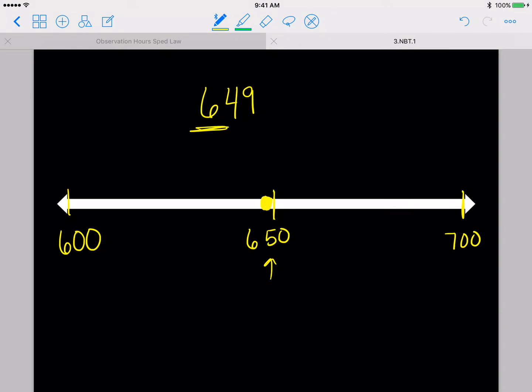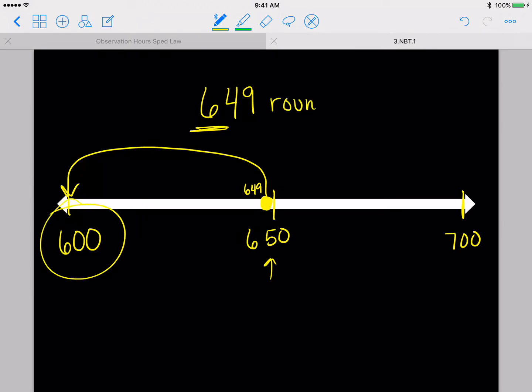We're really close to 650, but we're not there. So 649 will be right here on the number line. But since it's less than 650, it's going to round down to 600. So 649 rounds to 600 because it is closer to 600 on the number line than 700.